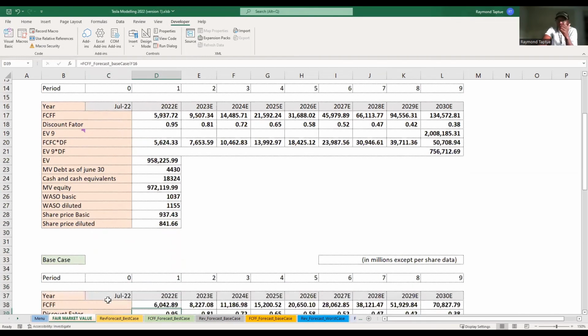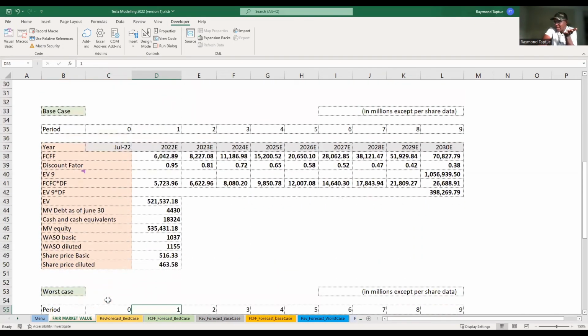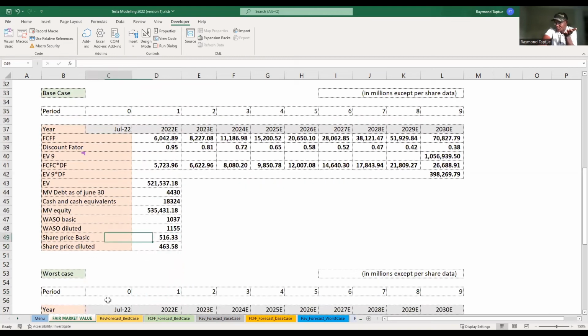I will use the same approach under the base case scenario, and I will get the share price under the basic of about 516, using the weighted average stock outstanding basic, or the share price of $463 using the weighted average stock outstanding diluted.